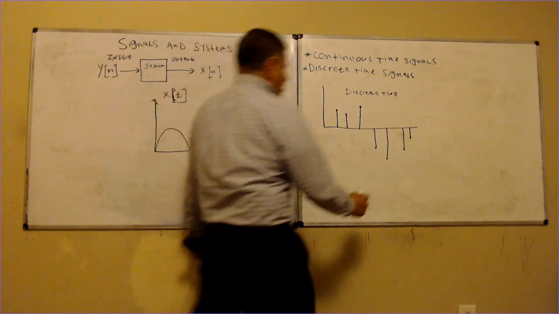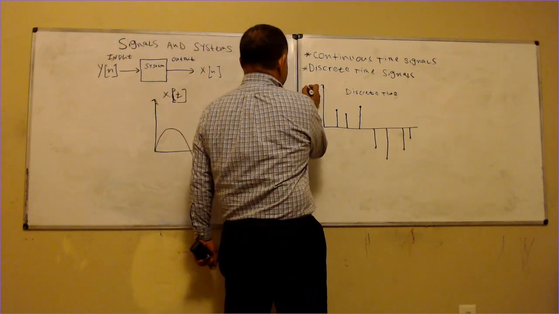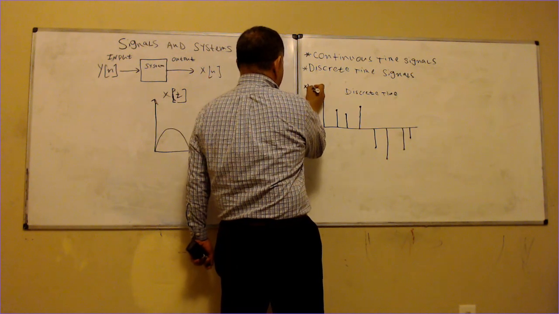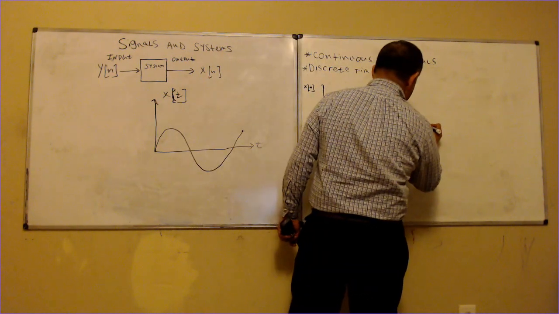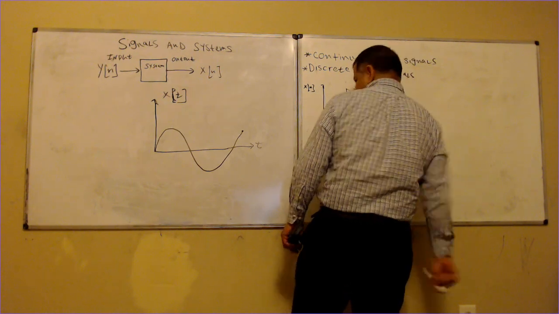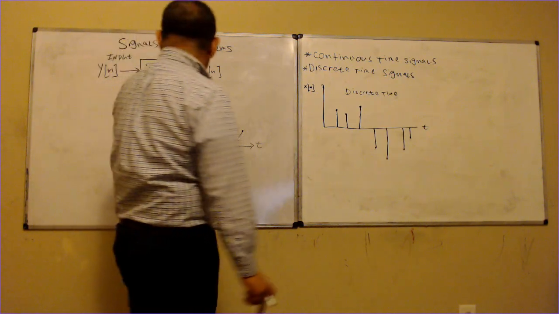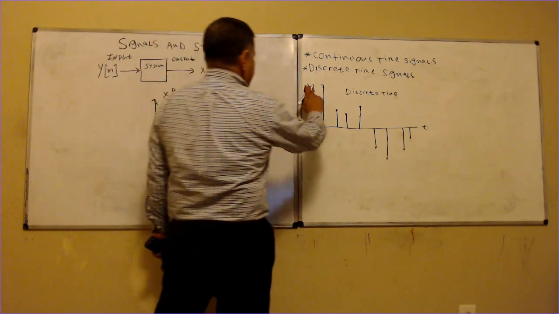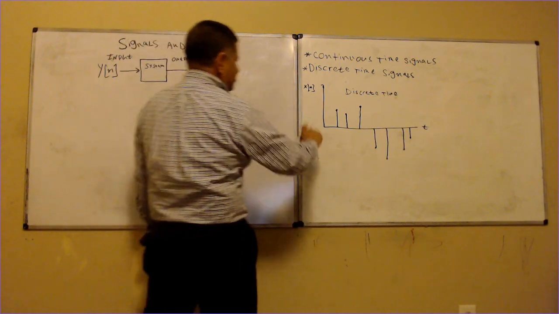So right here, still the same thing. We have x of n, and we have x of t, right? You can say x of t or whatever, but again, I'm going to do the rest.